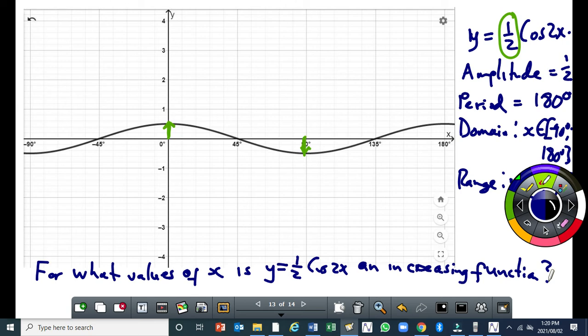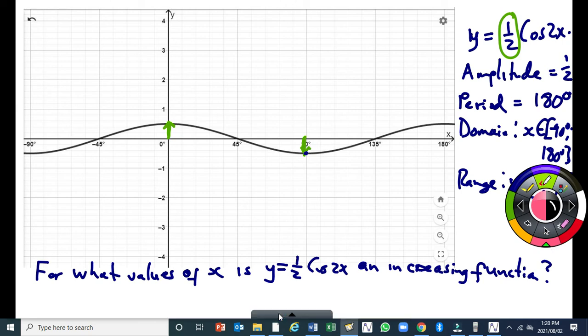And then 90 to 180, so from here up to the end. Yes. So we have two intervals such that that graph is an increasing function. So your two answers, when you write them like this.